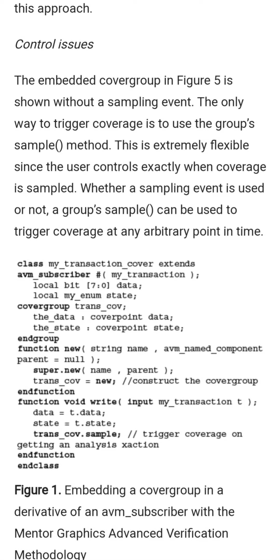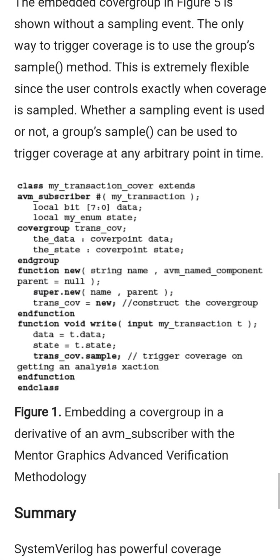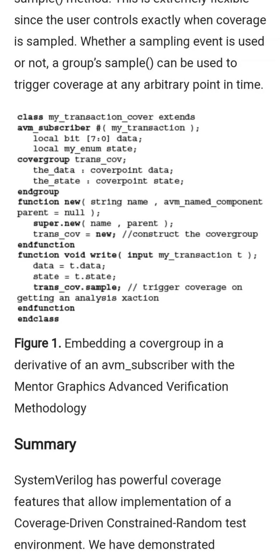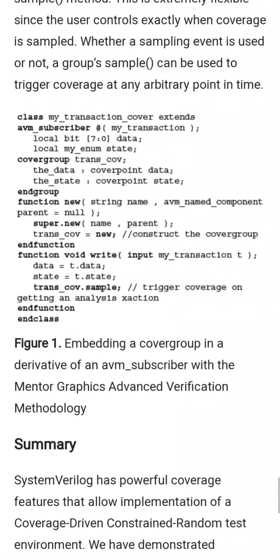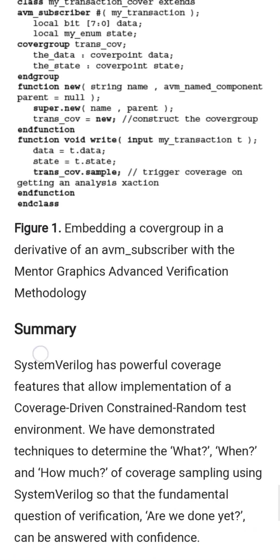Whether a sampling event is used or not, a group's sample function can be used to trigger coverage at any arbitrary point in time. Figure 6, embedding a group in a derivative of an AVM subscriber with the Mentor Graphics Advanced Verification Methodology.